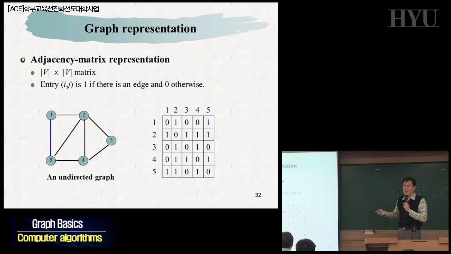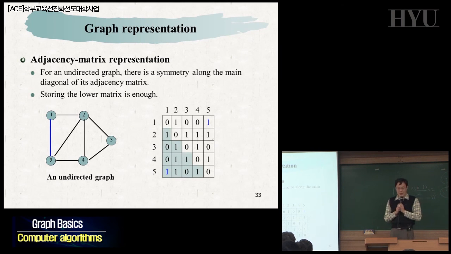We store only half, the upper triangle or the lower triangle. We store only one of them. Like this. Because it is undirected, the values in the main diagonal are zeros. So we store only these values.